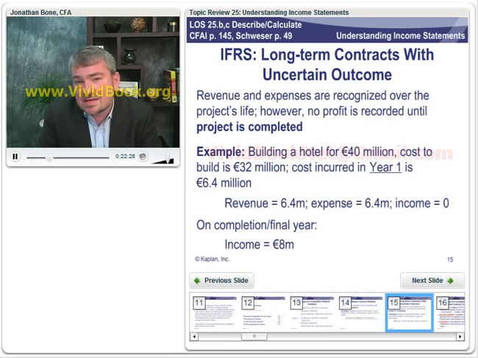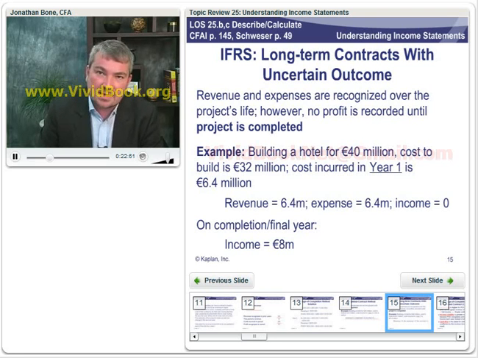So we'd have a sales figure of 6.4 million, an expense of 6.4 million, and as a result, 0 profit. Then, of course, in the final year, all of the profit will be booked. So once it's complete, you get the full 8 million. So note, therefore, that sales and costs are going to be very different compared to US GAAP, but ultimately, the profit, i.e. the bottom line impact on earnings, is exactly the same.